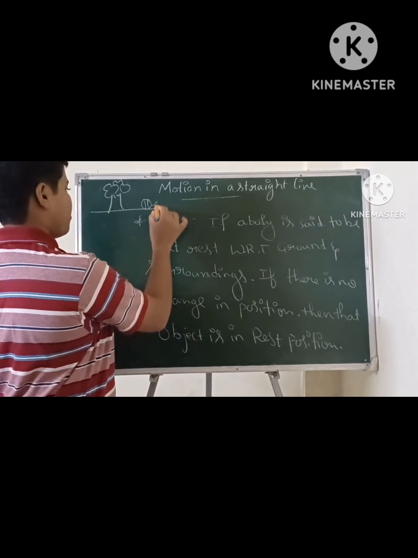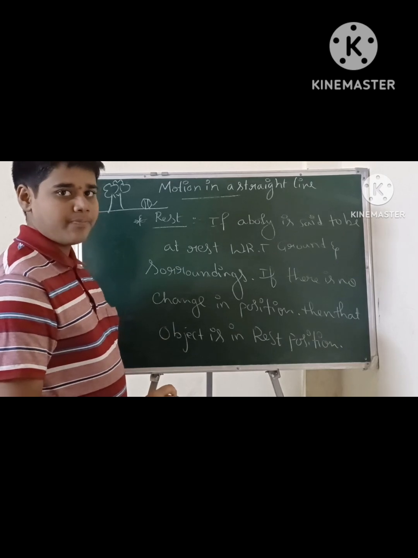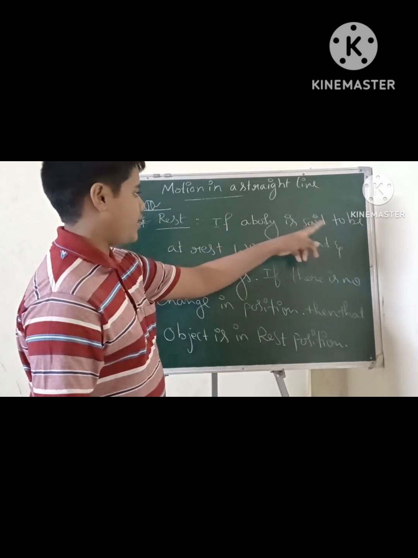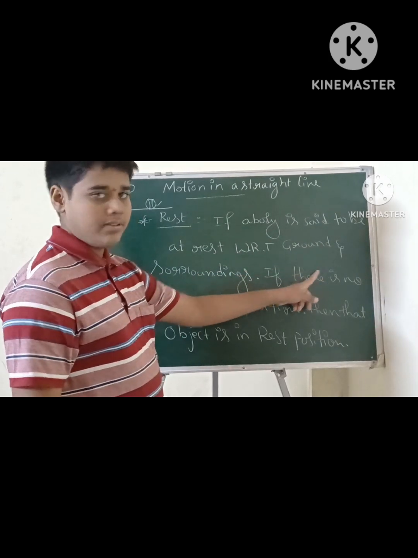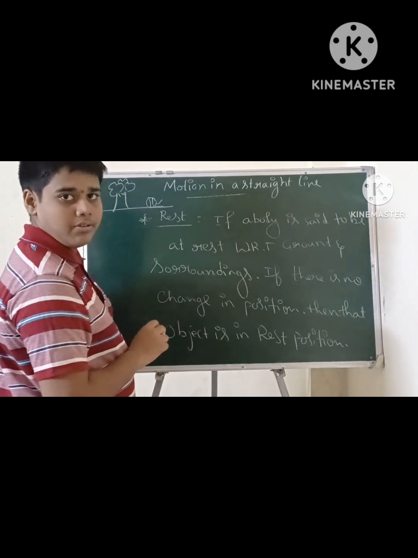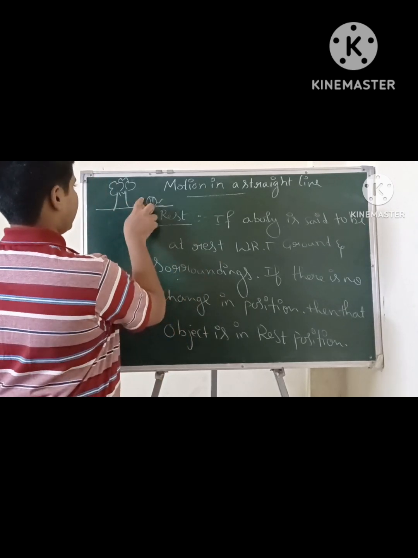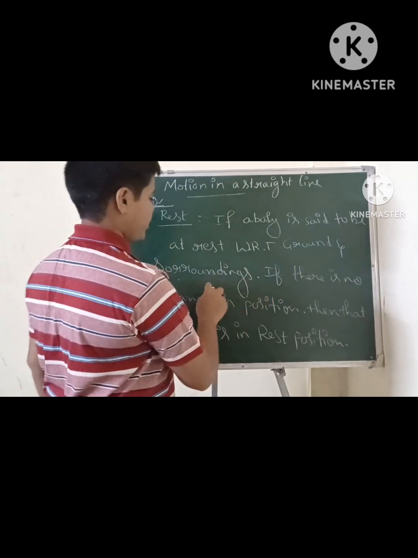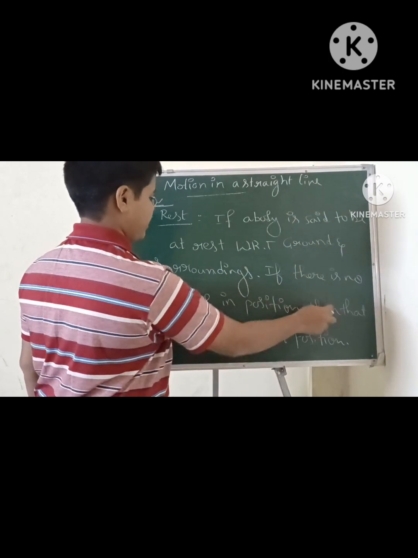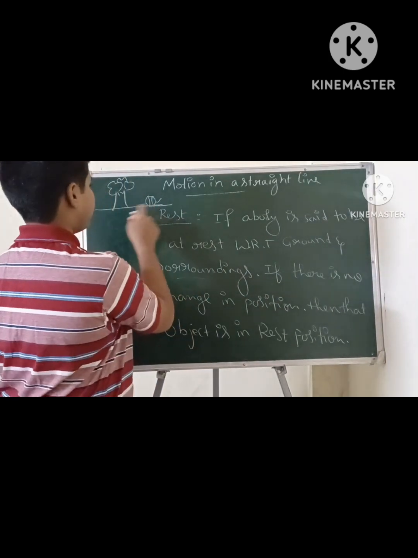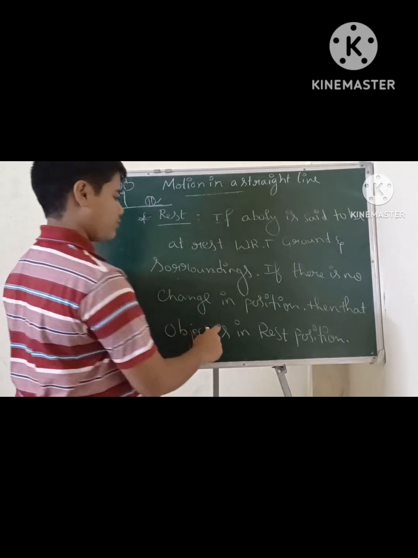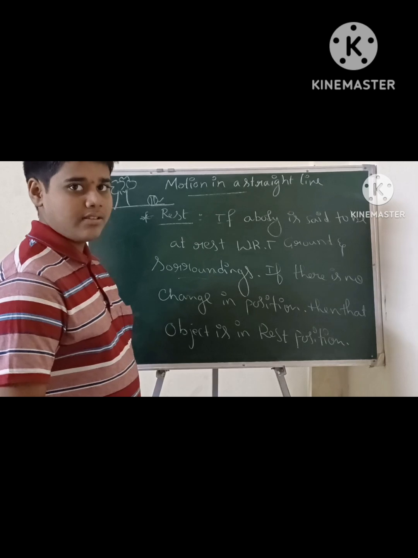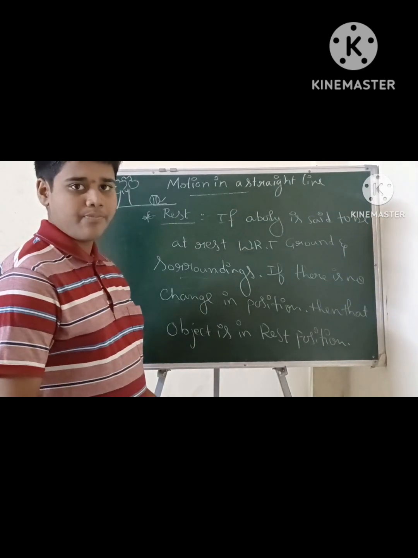So we can say this object is at rest position. So that is only this definition. See, if an object is said to be at rest with respect to ground and surroundings like the tree, with respect to ground and surroundings, if there is no change in position, then that object is in rest position. Okay, so this is the rest position.